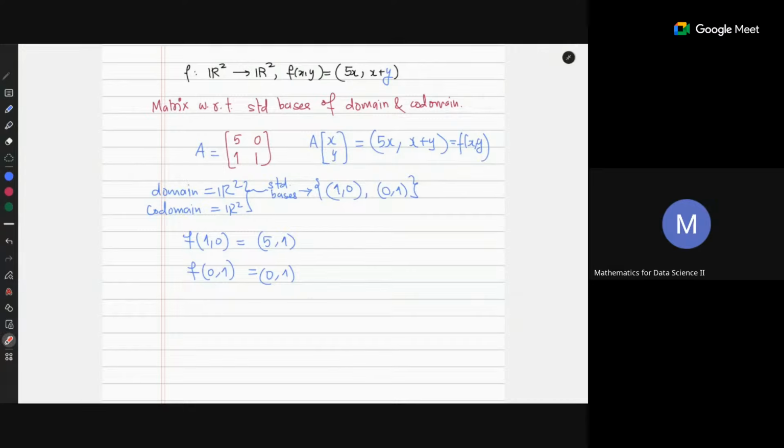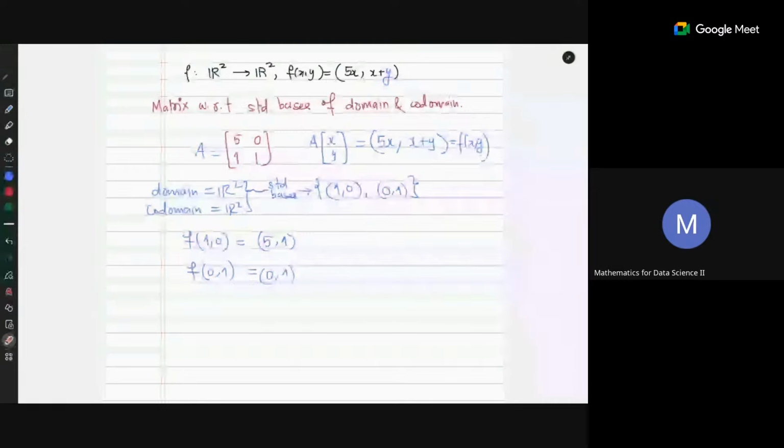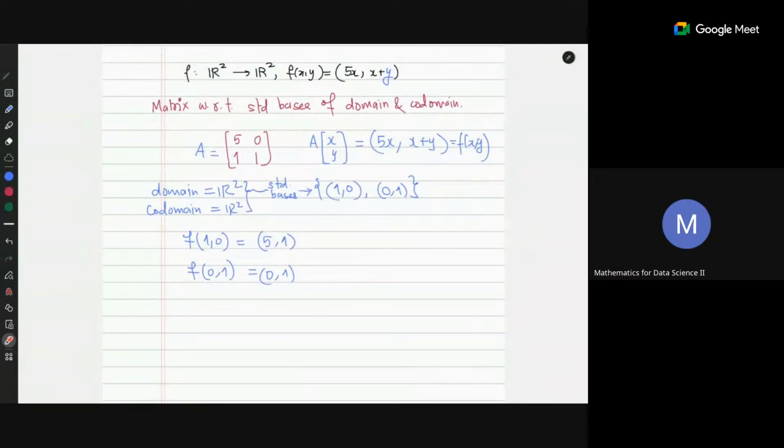So till this point, we have used the basis of domain. We have just looked at the images of basis vectors. Now the role of the codomain's basis comes. What is that role? So now we want to express each of these vectors. This 5, 1 sits inside your codomain.